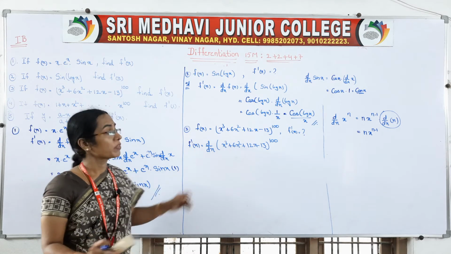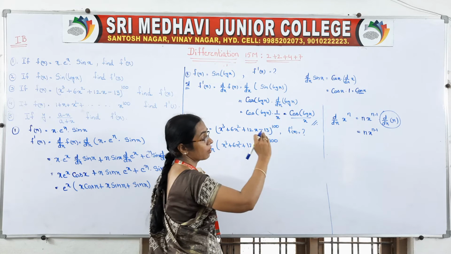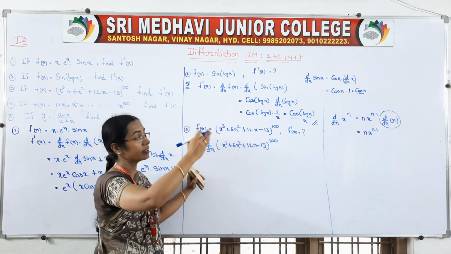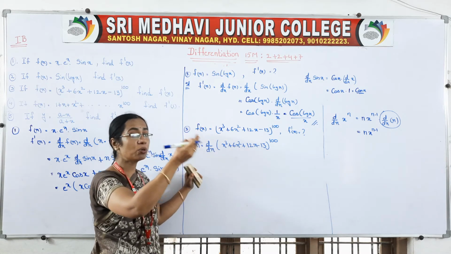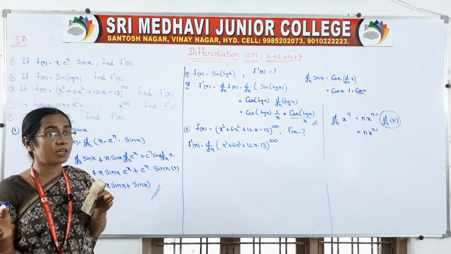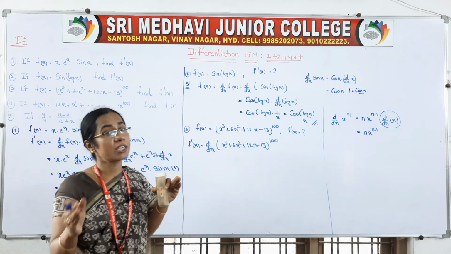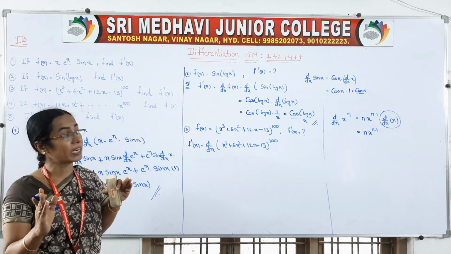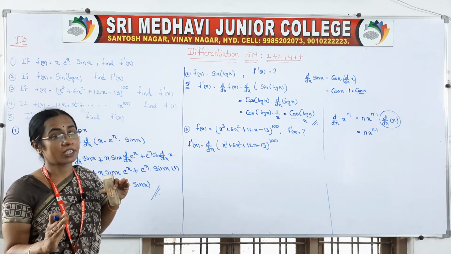So it is derivative of any variable to the power n is n into that variable to the power of n minus 1 into d by dx of that variable. While giving the list of formulas, I have not given d by dx of x. Why? Because d by dx of x is equal to 1. 1 into something is something only. That's why it is not given.